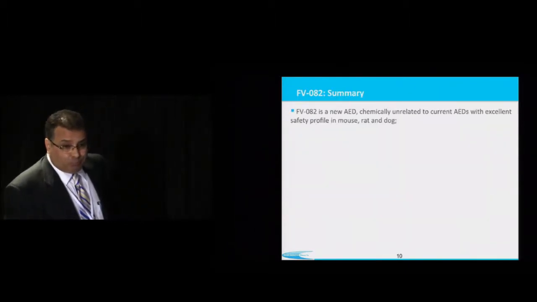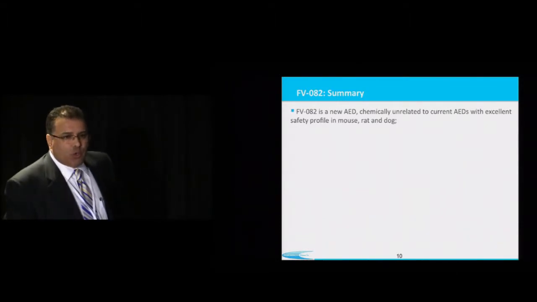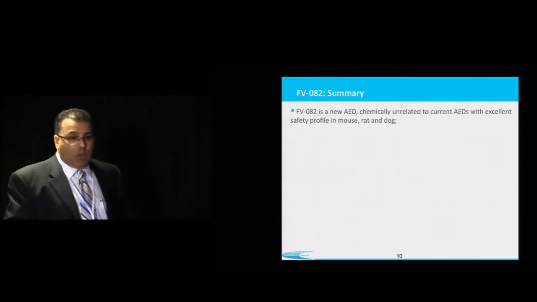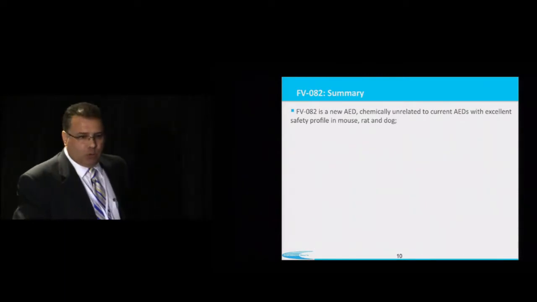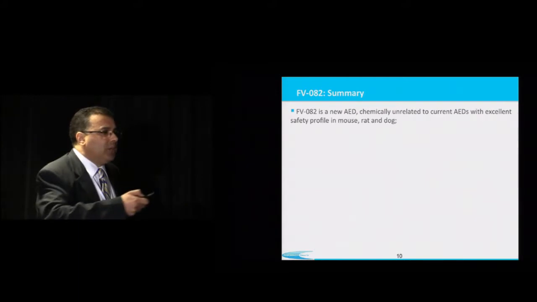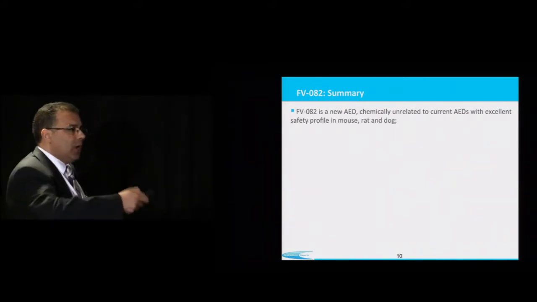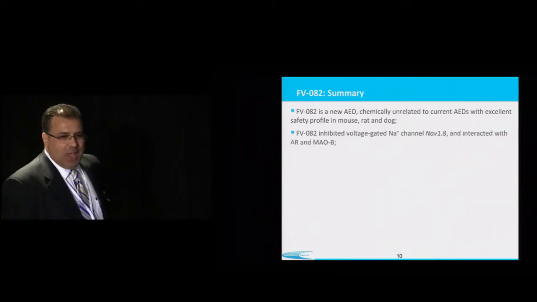In summary, FV082 is a new anti-epileptic drug, chemically unrelated to any AED known so far, with an excellent safety profile, at least so far in mouse, rat, and dog.